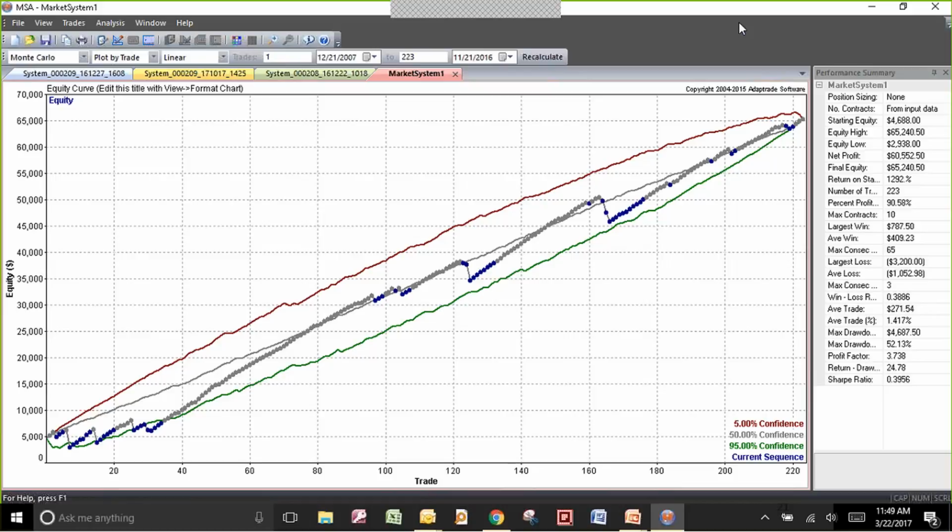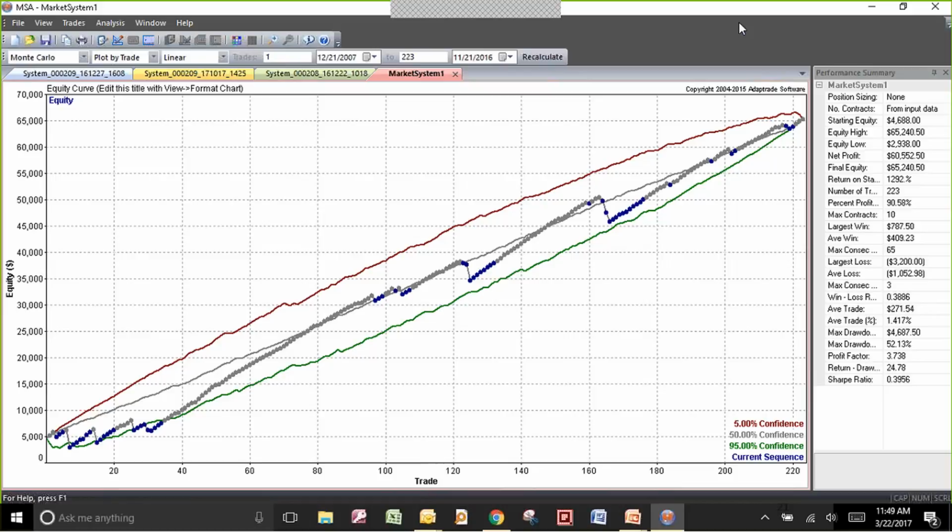The anti-martingale works basically in the reverse of the martingale. Every time you have a winning trade, you increase the amount that you're betting. Let's suppose you started with 2 option contracts. If your first trade was a winner, the next time you would trade 4 option contracts.